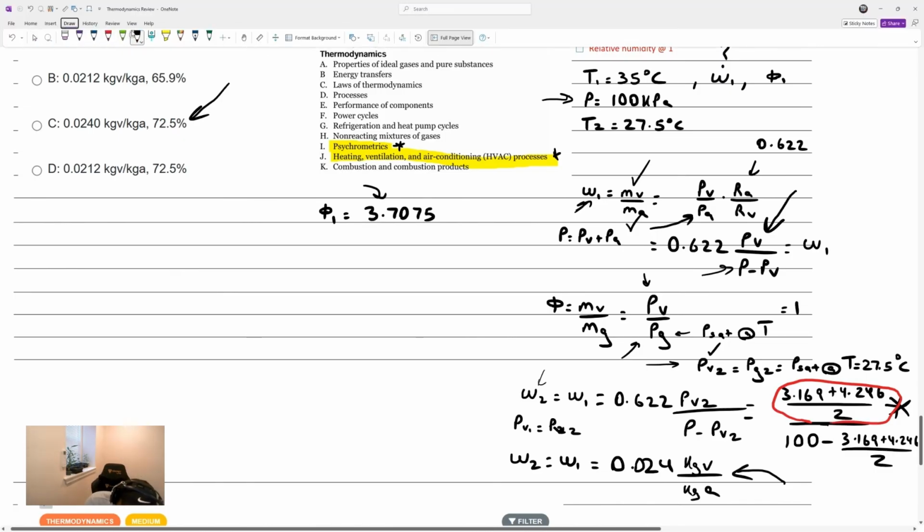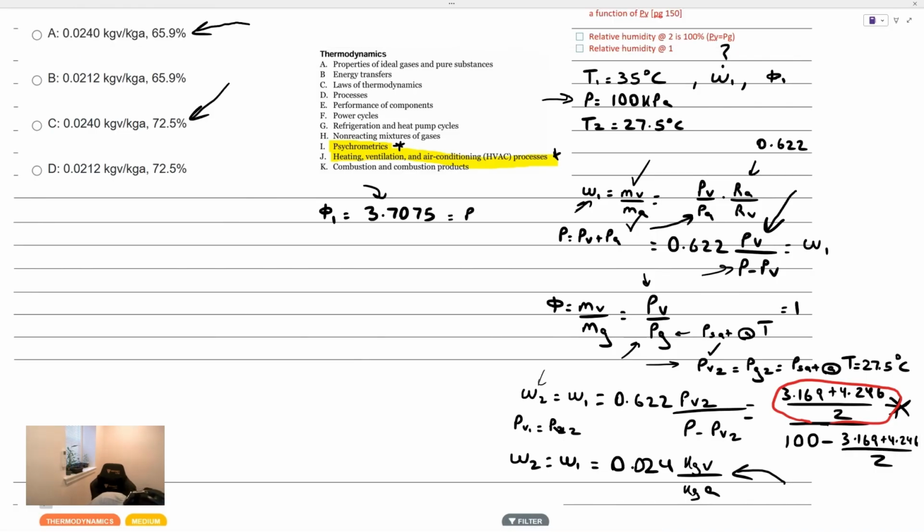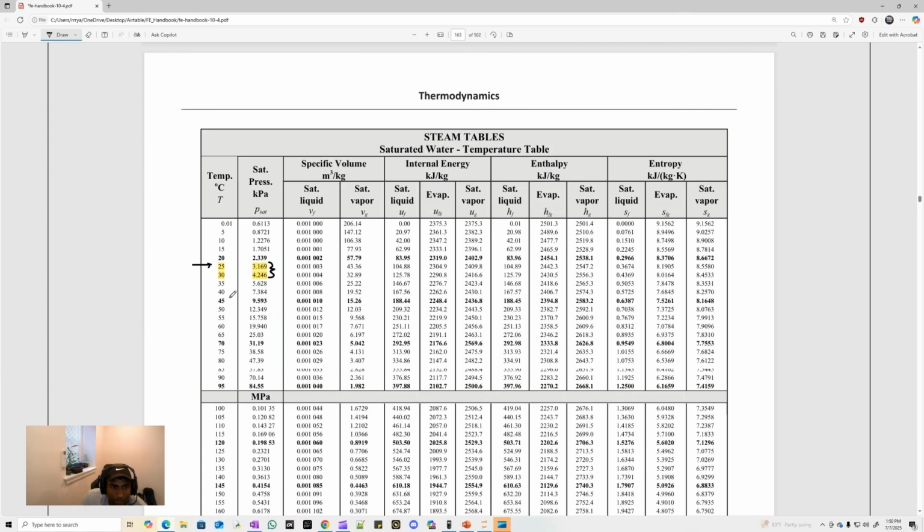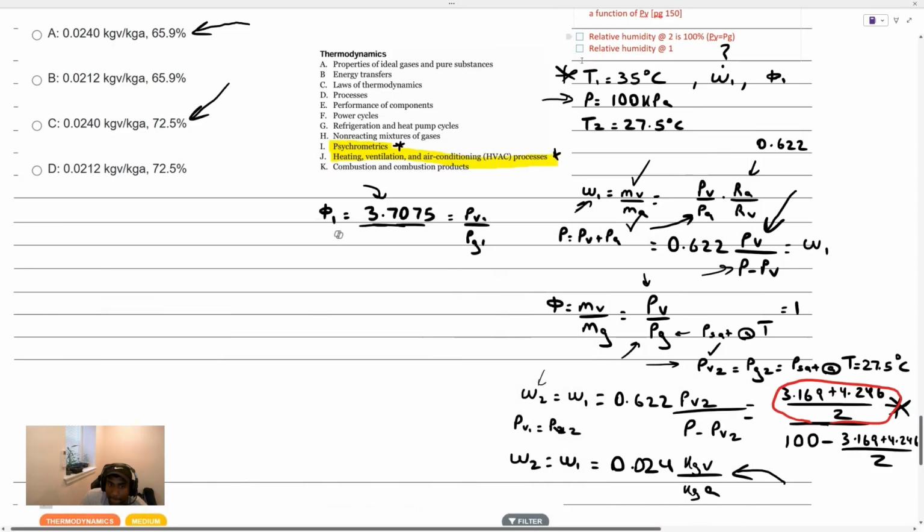Okay, so now we have what that partial pressure of the water vapor is at state point 1 divided by PG at state point 1. That's just P sat associated with 35 degrees C. Let's go ahead and look at the P sat associated with 35 degrees C real quick. And we can see that P sat associated with 35 degrees C is just 5.628.